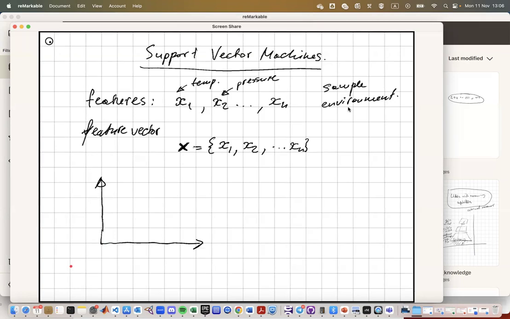If we have this many-dimensional space, let's have a three-dimensional space with values for feature 1, feature 2, feature 3, and you have a set of observations. And somehow these observations are known to belong to different categories.